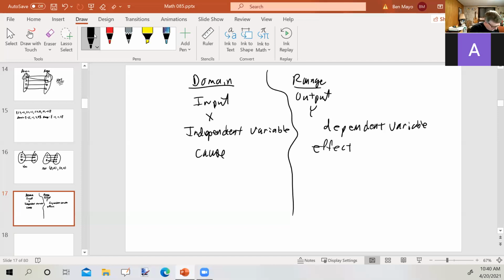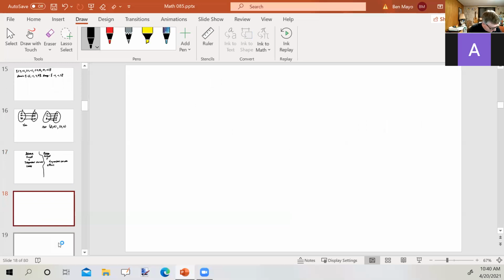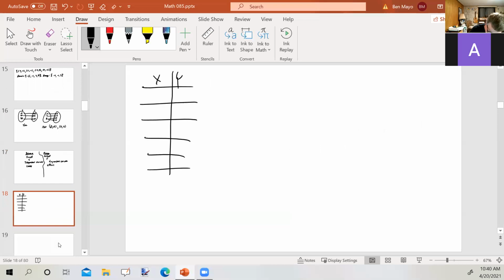Okay, let's take a look at some more examples. How about this? So here we have a table of ordered pairs. 1, 2, 3, 4, 5 and 1. So is this a table representing a function or not?